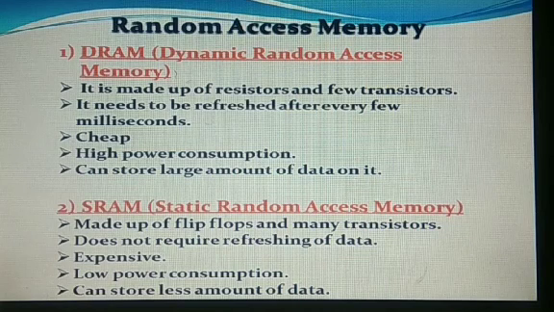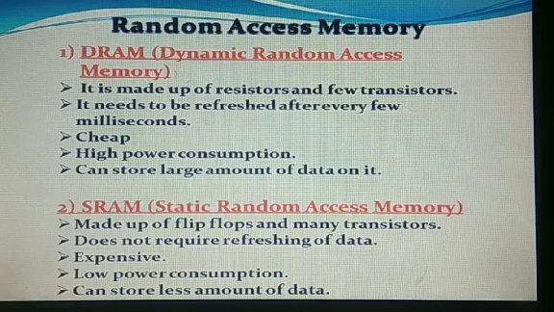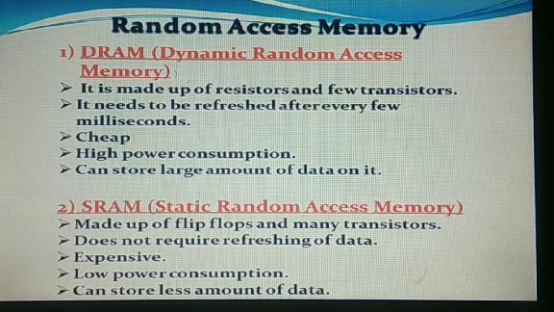After every few milliseconds, the data starts getting erased from the memory. So we require continuous refreshing of our data on this DRAM. That is why we call it dynamic random access memory. We require to refresh this DRAM again and again so that our data is intact on it.